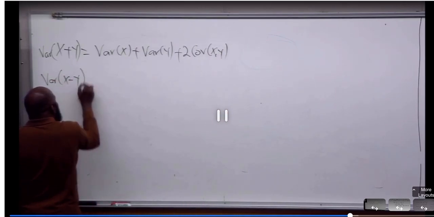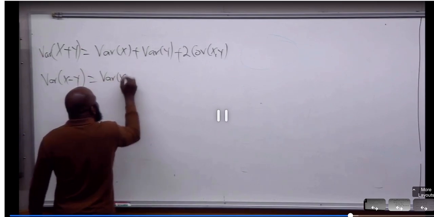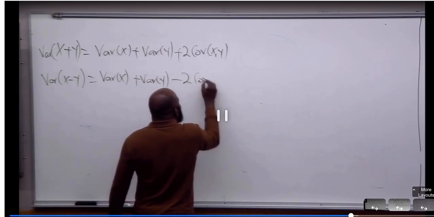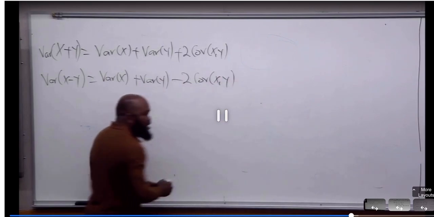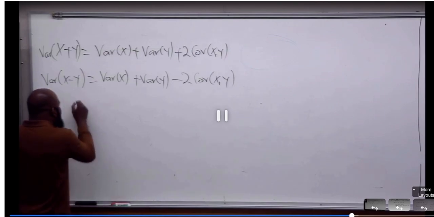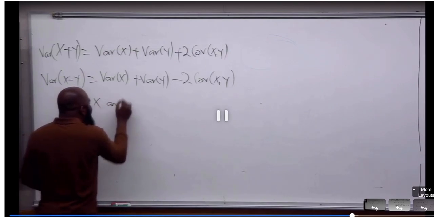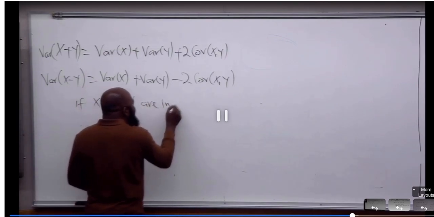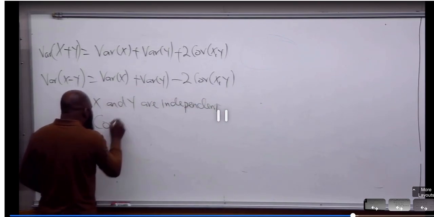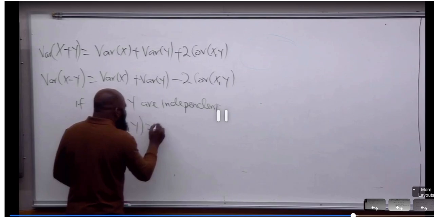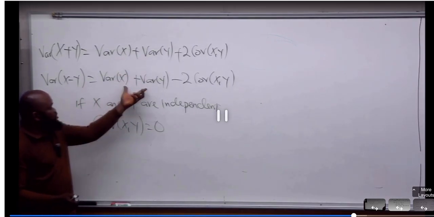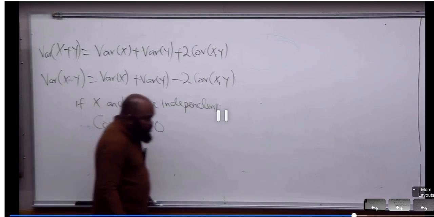The variance of X minus Y is variance of X plus variance of Y minus 2 covariance xy. But if X and Y are independent, then the covariance xy is going to be 0. You're only going to have just these two.